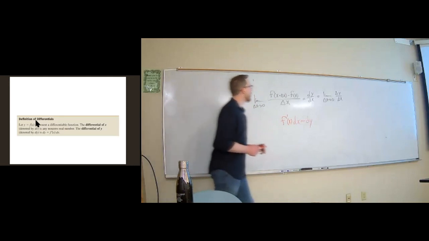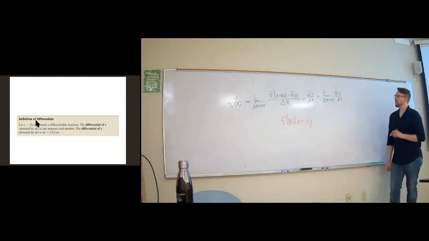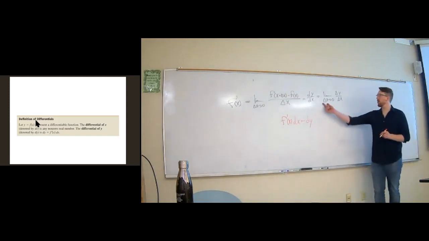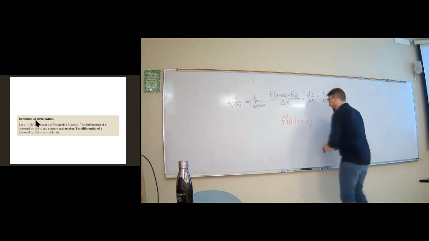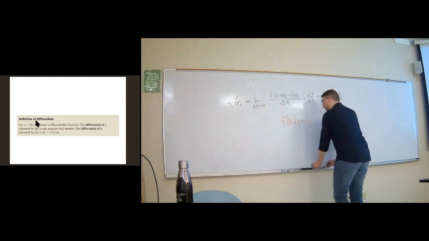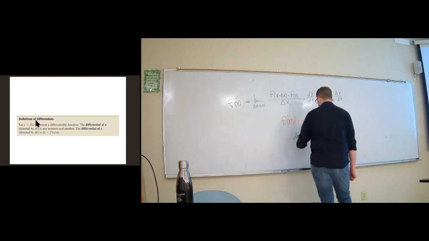Let's think back to what's happening here. dx, that's really just like what happens to delta x when you let it go to 0, when it gets really small. So in some sense, we can think of dx as being similar to the limit as delta x goes to 0 of delta x.